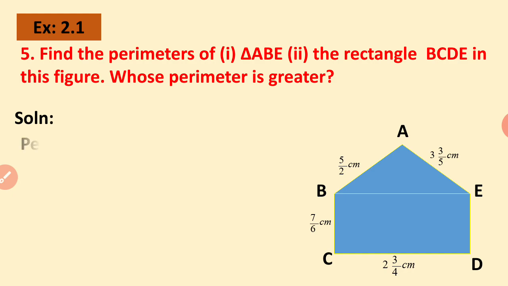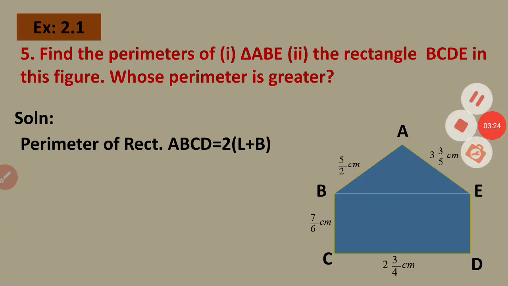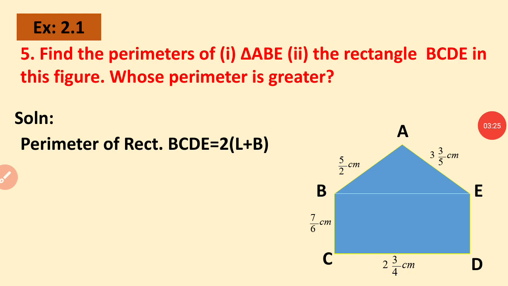Let us initially begin with the perimeter of the rectangle. Here it should be BCDE. So we have perimeter of rectangle BCDE, which is equal to 2 times (L plus B). The length and breadth is told to us, so substitute them.